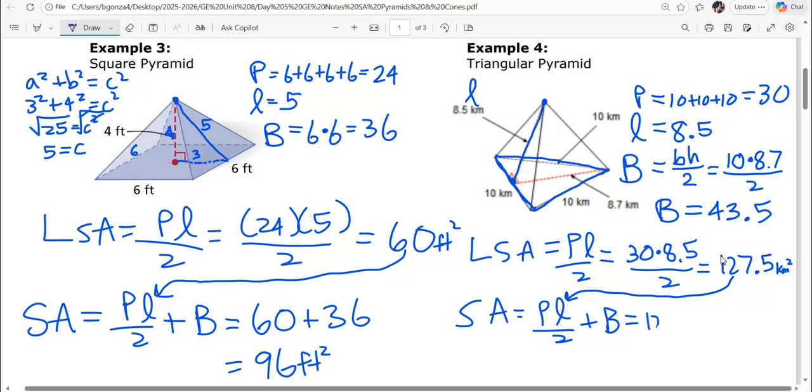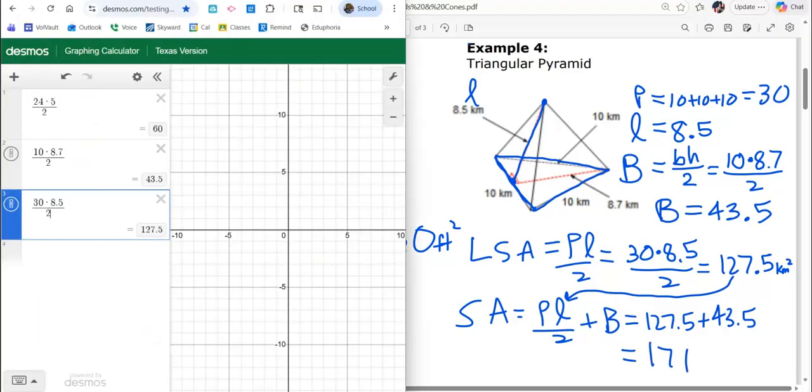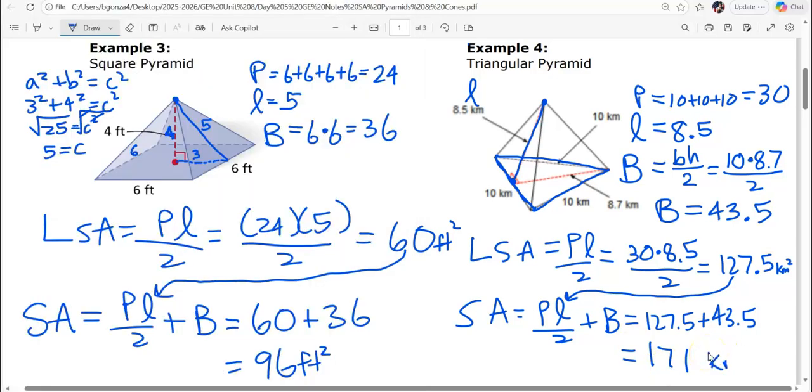So it's going to be 127.5 plus big B, 43.5. And I think we get 171. Let's find out. Yes, 171 kilometers squared.